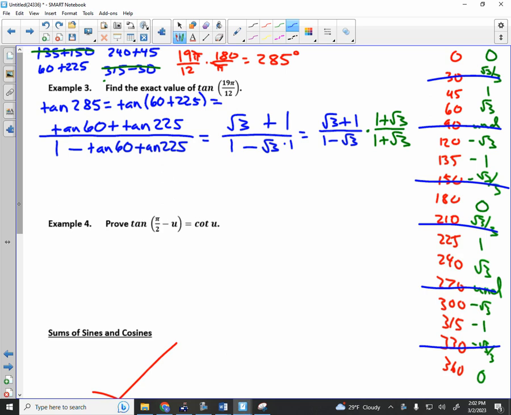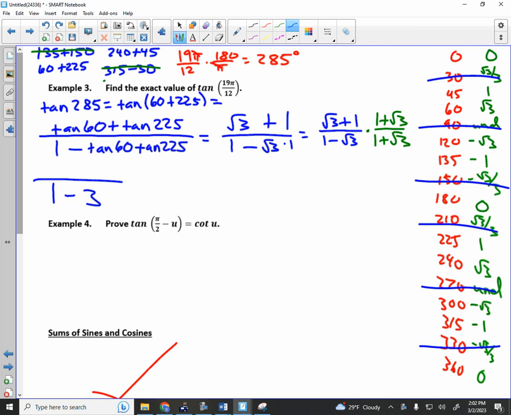1 times 1 is? Sweet. They're going to cancel, right? That's really nice. And then root of 3 times root of 3? 3, and it's going to be negative, so minus 3. So that's the bottom. Now we got to do the top. Nothing's going to cancel for the top, right?